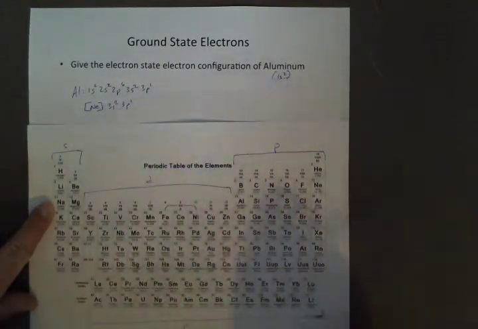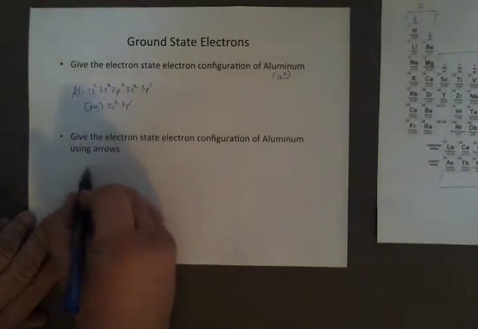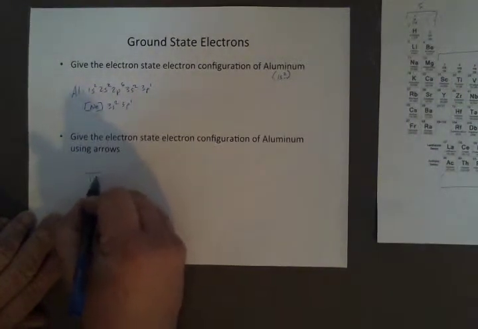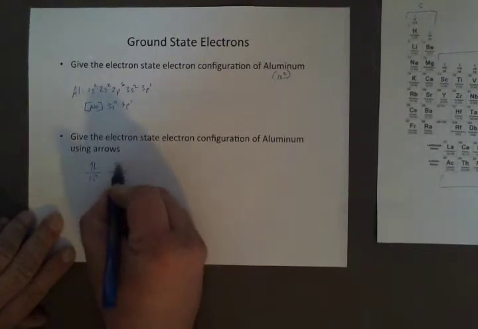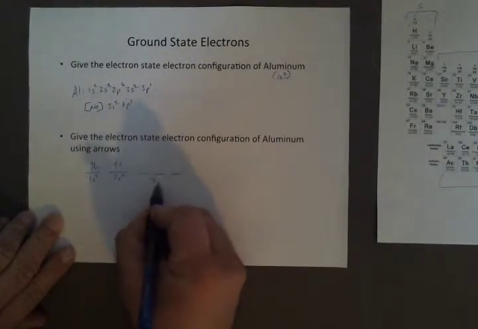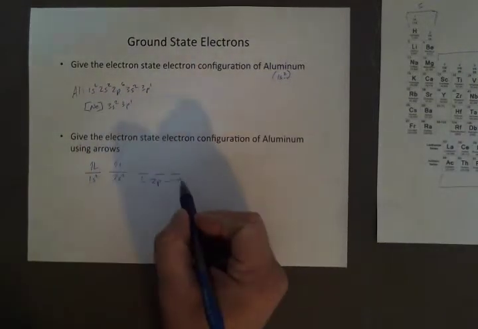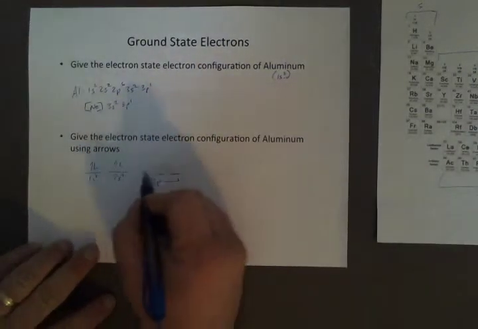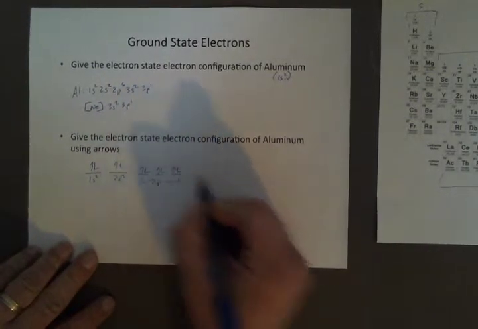I'll take either answer. Now you do the same thing if you want to do it with the arrows. So you have 1s2, you go up, down. 2s2, up, down. Then 2p. There are 3 orbitals, and generally, out of habit, I'll go up, up, up, down, down, down, because that's how they get filled.